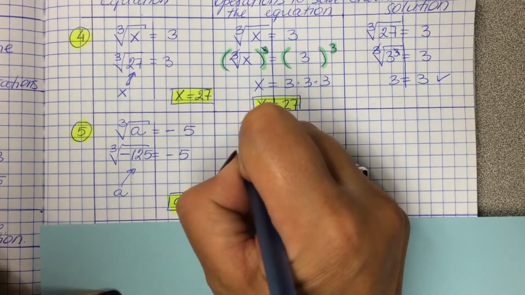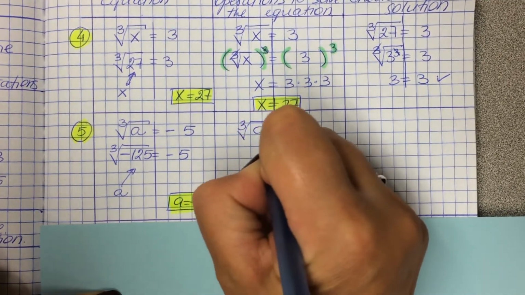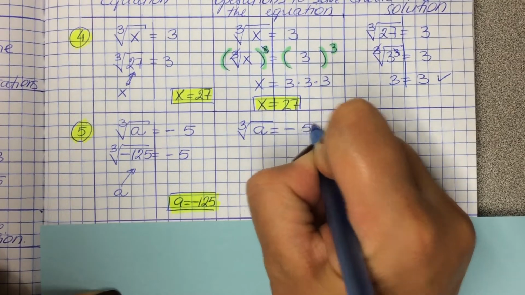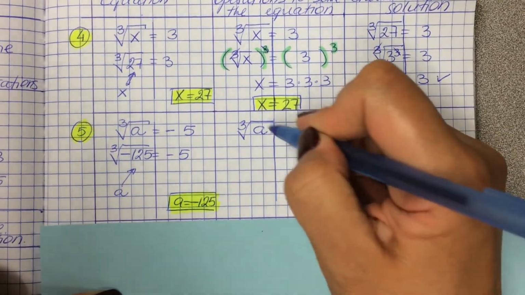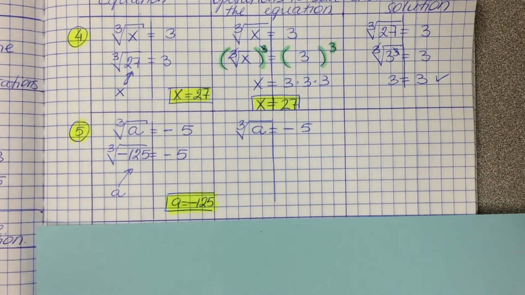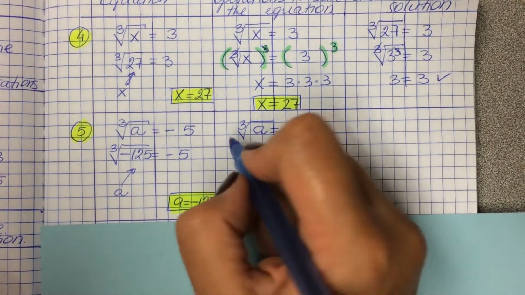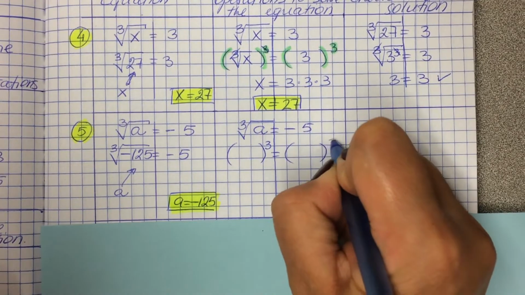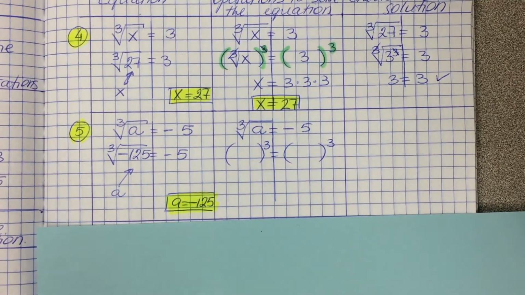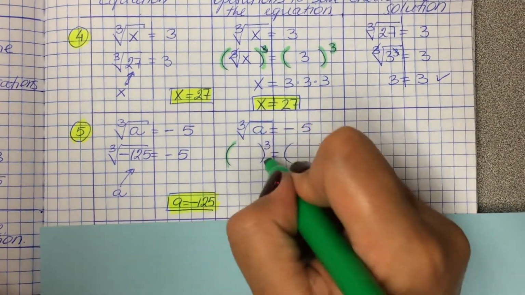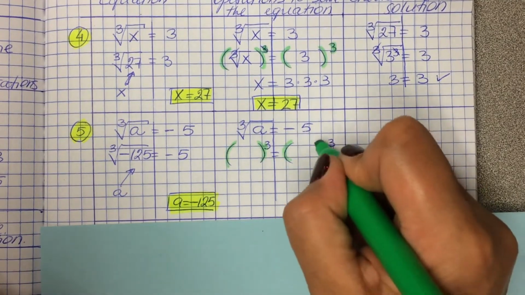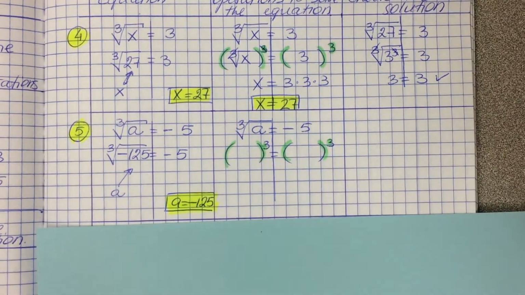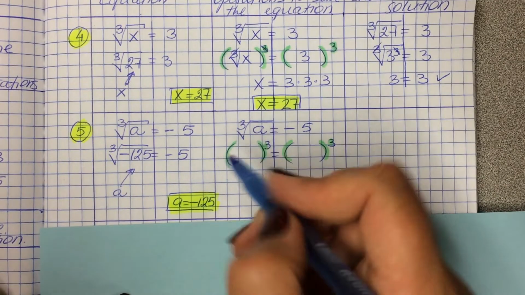Now, in the equation, we have cubic root of a variable equals negative 5. The inverse operation of cube root is cube, or third power. So we have to use the cube on both sides, the inverse operation used on both sides of the original equation.